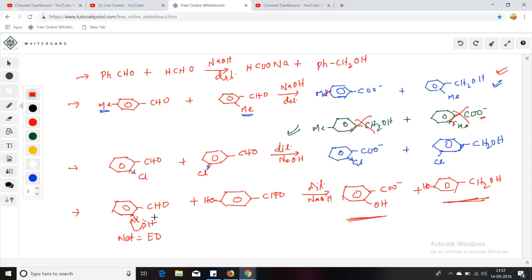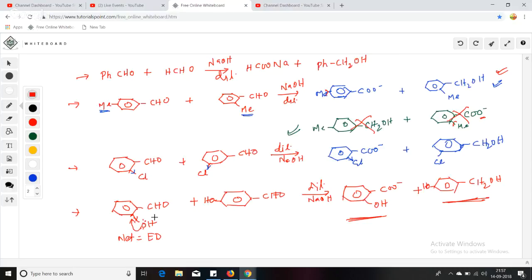So the compound which can easily donate the H minus ion will get oxidized. That's the simple reason we have. Why does formaldehyde always get oxidized? Because formaldehyde can easily donate the hydride ion.